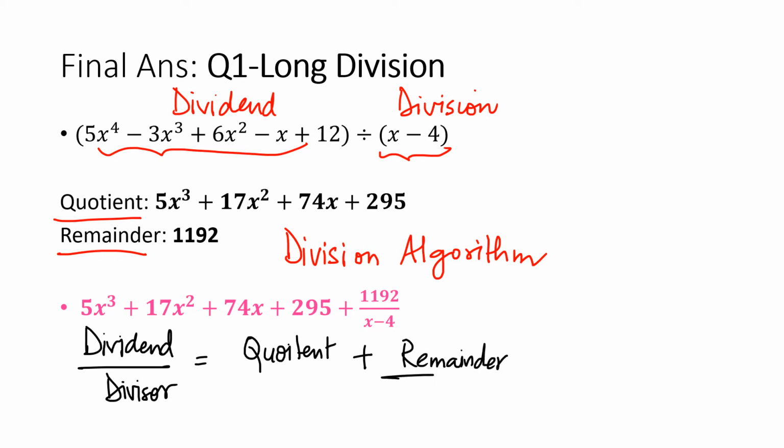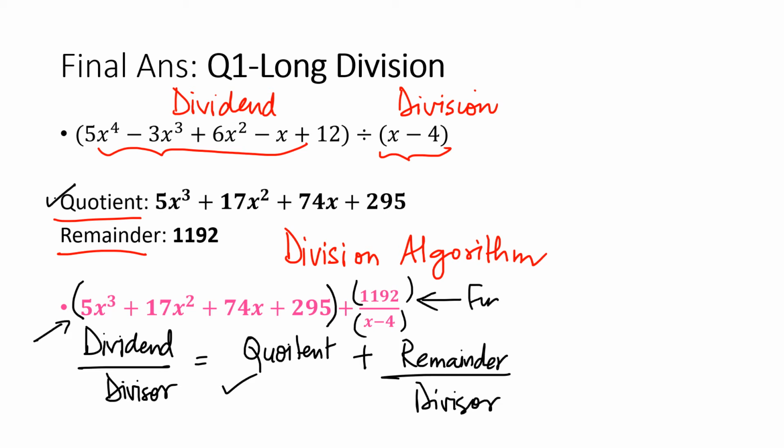In this case, the remainder is non-zero, so we are going to divide that by the divisor again. So this is the right side. Now that I'm showing you the final answer, this is the quotient as you see, and the remainder divided by the divisor. So this step is giving you the final solution.